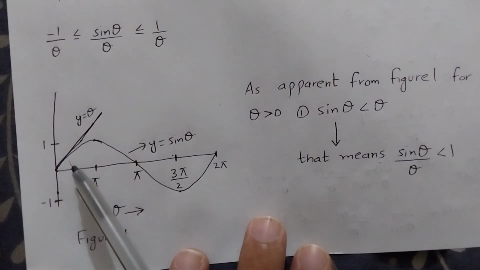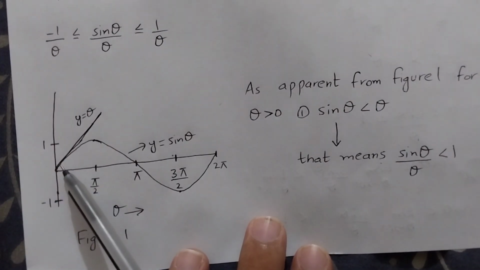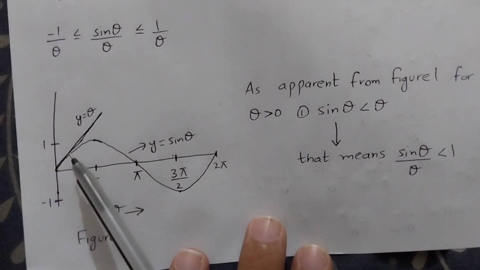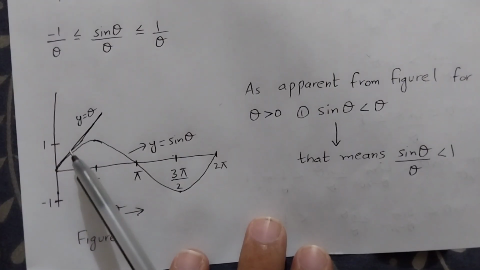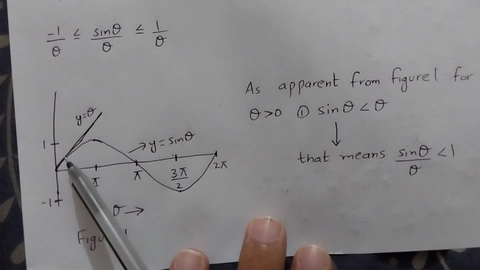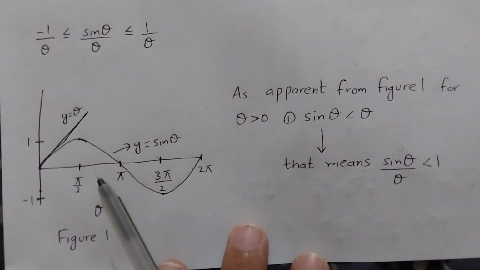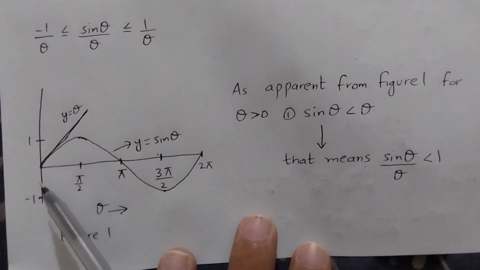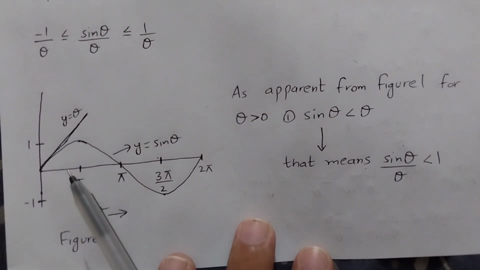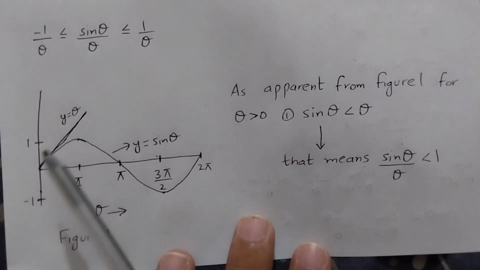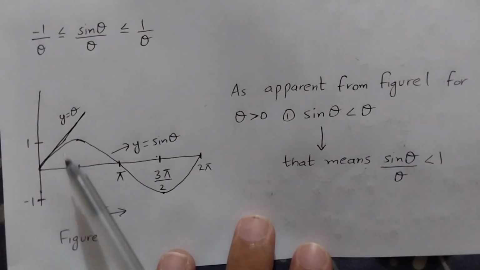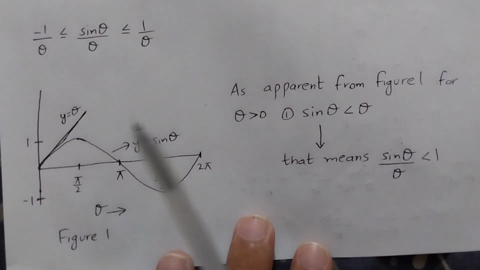But if you zoom in in Desmos, you will see that for positive values, for theta greater than 0, this line will always be greater than this sine theta curve. Not as apparent from this figure, but if you draw a graph in Desmos, you will be able to see this.